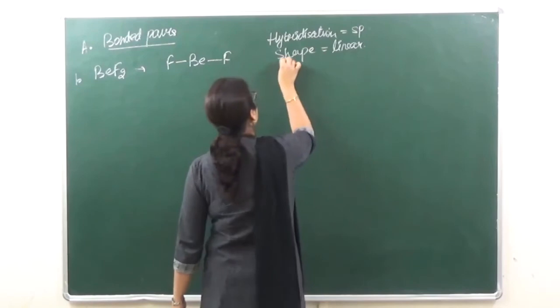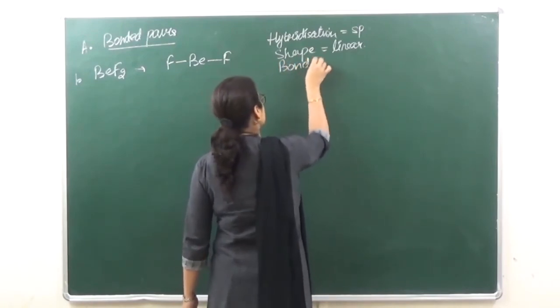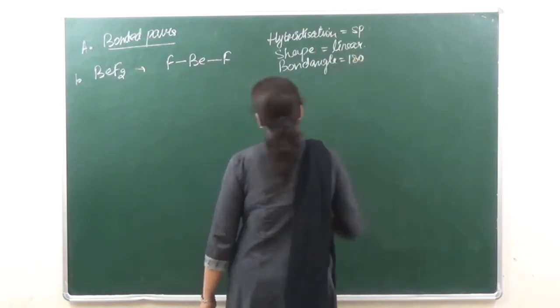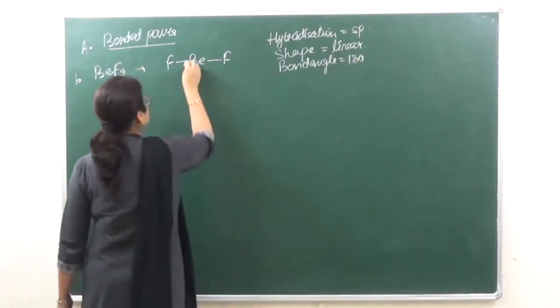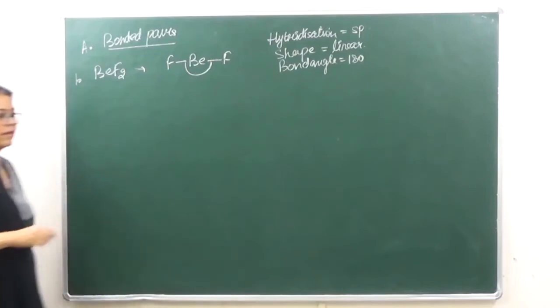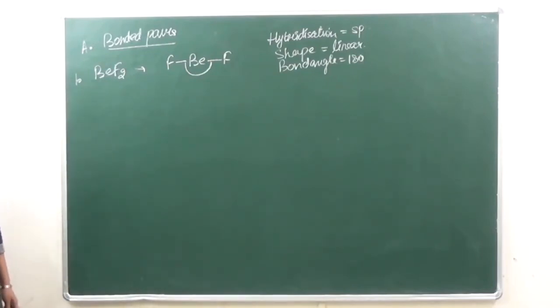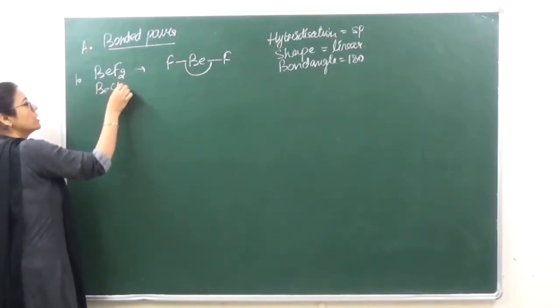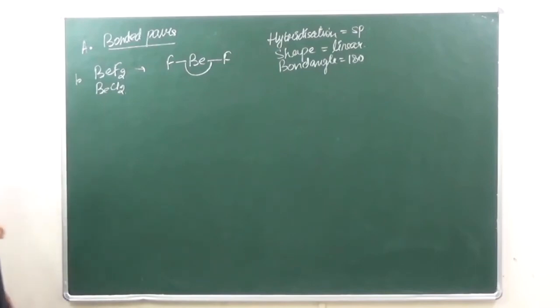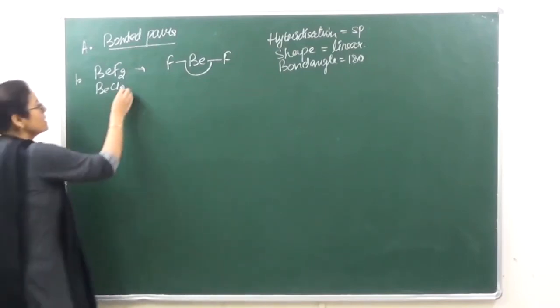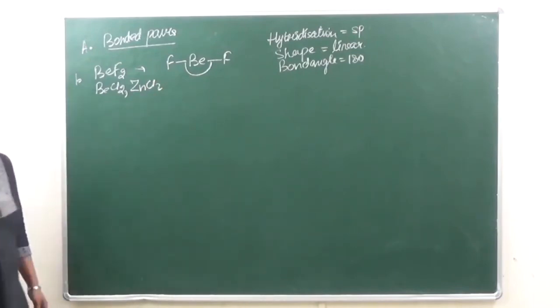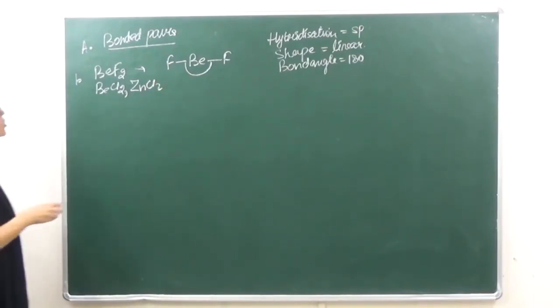Okay, and the bond angle is going to be 180 degrees, right? Other examples of this are BeCl2. Another example which is going to follow the same trend is BeCl2. Then we have zinc chloride, which will also have the same shape, and we have HgCl2.